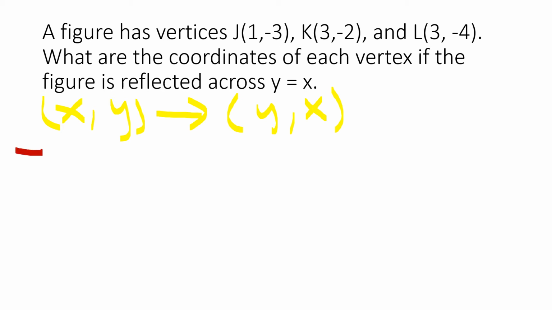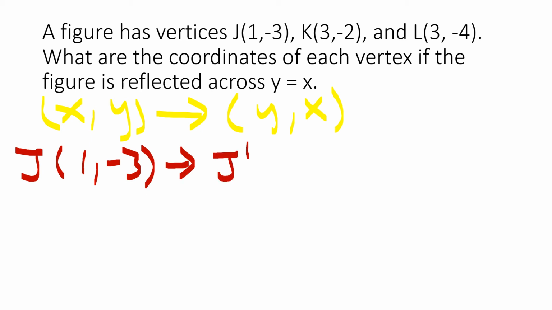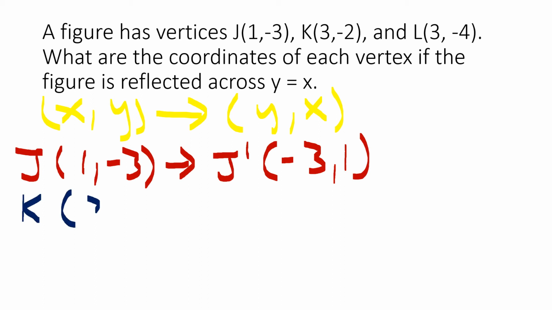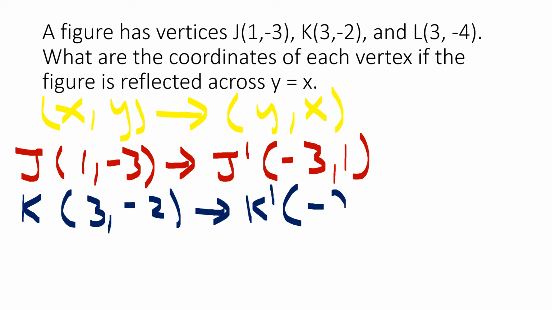So you have J is (1, -3), J prime, x and y will switch, we have (-3, 1). Then we have K is (3, -2), K prime will be (-2, 3).